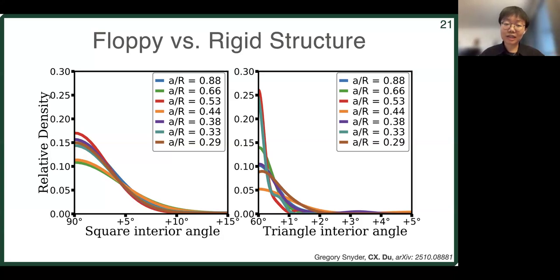And to map this into a more applied sense, this also tells us that if you've synthesized particles and your goal is to assemble a floppy structure at the end, then you really need to make sure the location of your interaction sites is precise, while the size of your interaction sites can vary a little bit more.